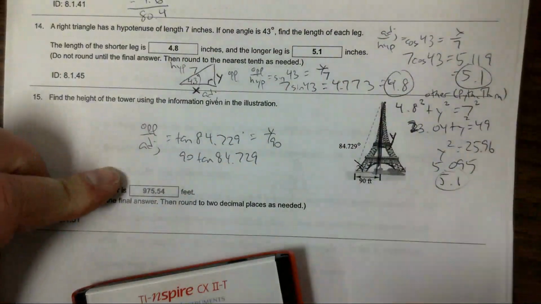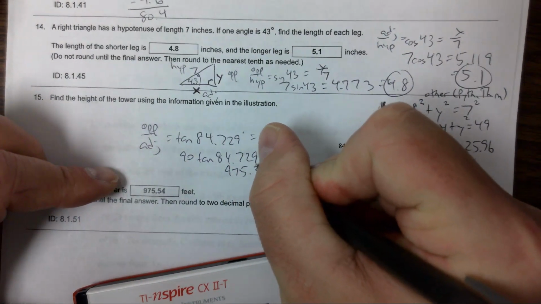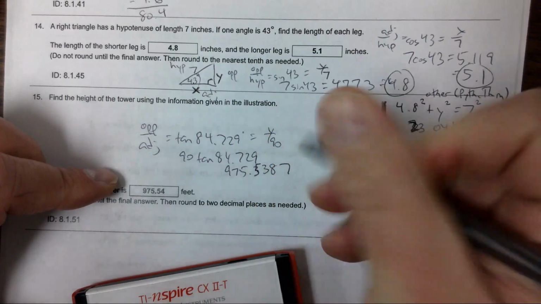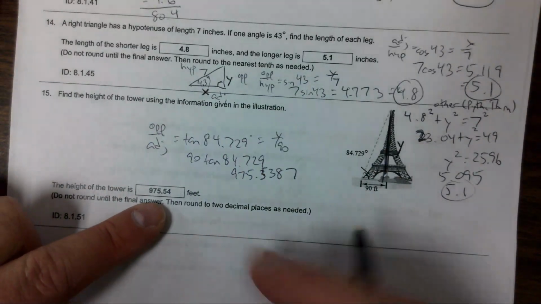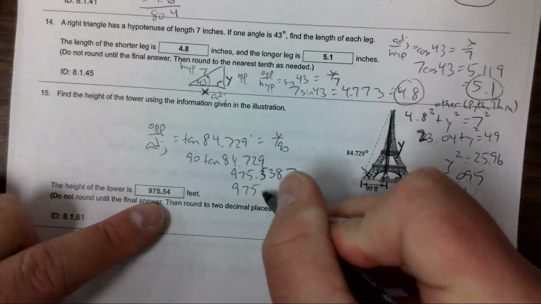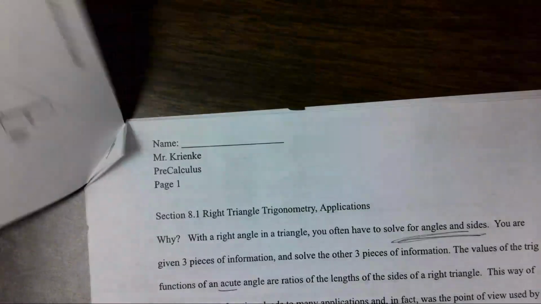That gives us 975.5387. And then we round that to 2 decimal places, so 975.54. Okay, so there's number 15.